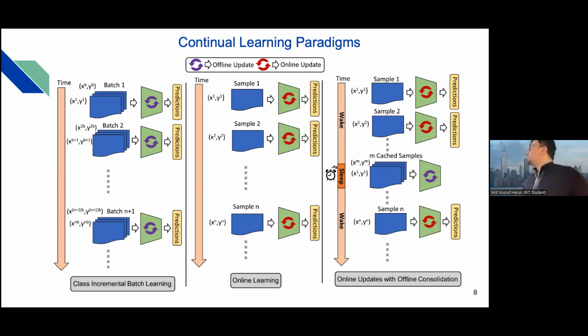That is the leftmost paradigm. An example would be our mobile devices, like AR, VR, or mobile phones, which adapt to new user information and then consolidate this information during downtime, like when the devices are being charged or users are asleep.